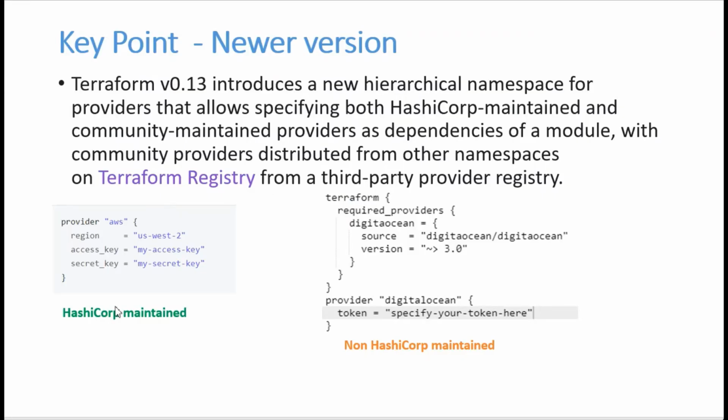That's what I said. Even if you are not mentioning the specific required providers in 0.13, for Terraform maintained providers it will work. But what are the Terraform maintained providers? AWS, Azure.